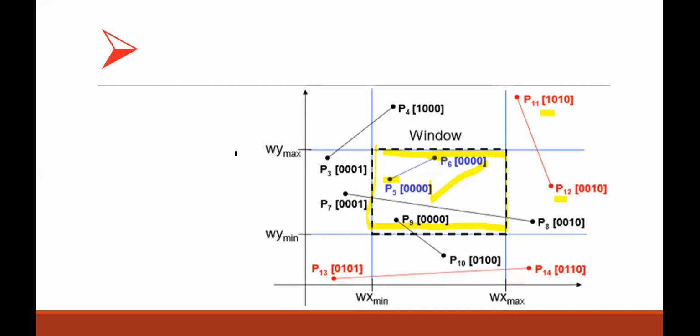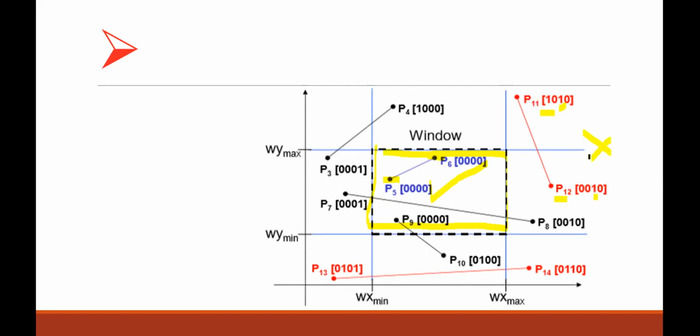If the result comes 0000, then we apply a clipping algorithm, else the line would be completely rejected. Here the endpoints are not 0000, and even after the bitwise AND operation the result doesn't come 0000, since we have 1 at this bit position. Hence the line would be completely rejected.